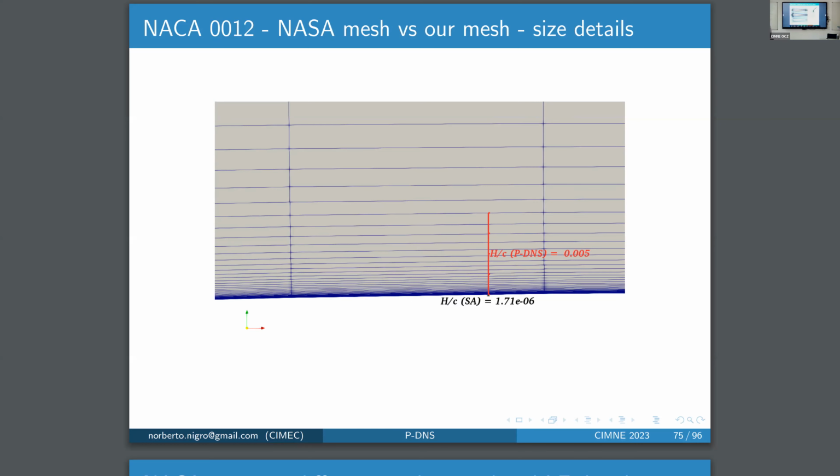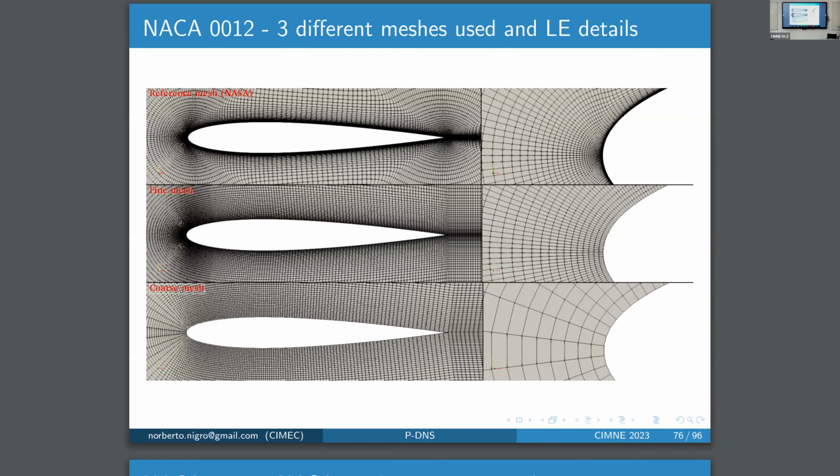The NASA problem was solved using Spalart-Allmaras. That is one of the famous methods for such a problem, because it's very, very good for this kind of problem. You have the three meshes: the NASA mesh, our fine mesh, and our coarse mesh.